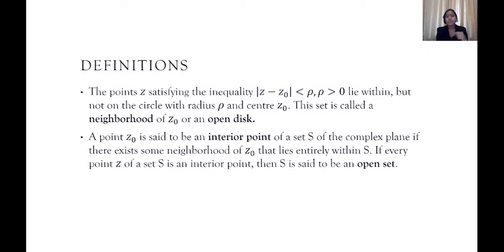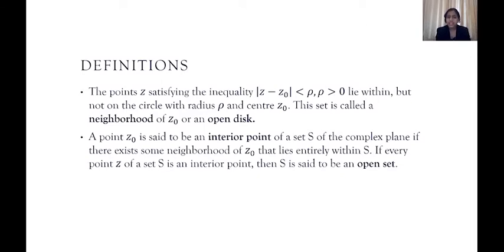Instead of equality, if it becomes mod z minus z dot less than rho, then these points lie within the circle but not on the circle. All these points are inside the circle; they don't lie on the circle because we don't have an equal to sign. The circle is the same, with radius rho and center z dot.